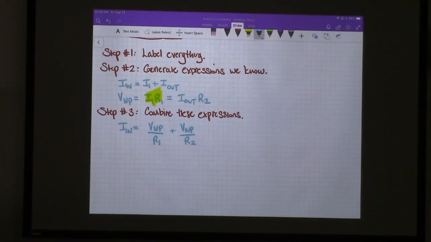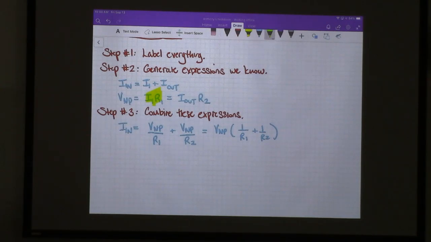We could combine those together. We have V node pair times 1 over R1 plus 1 over R2.